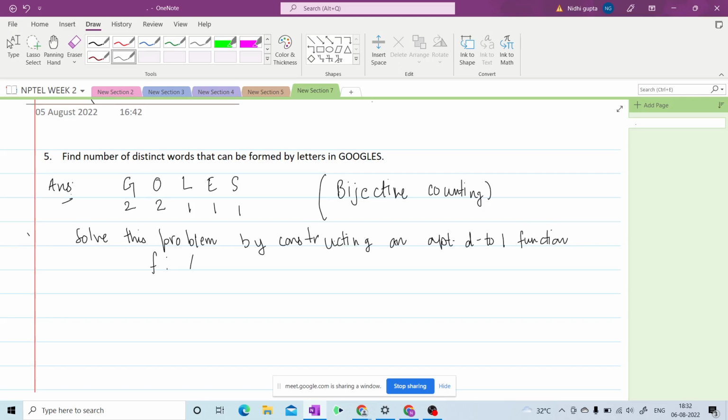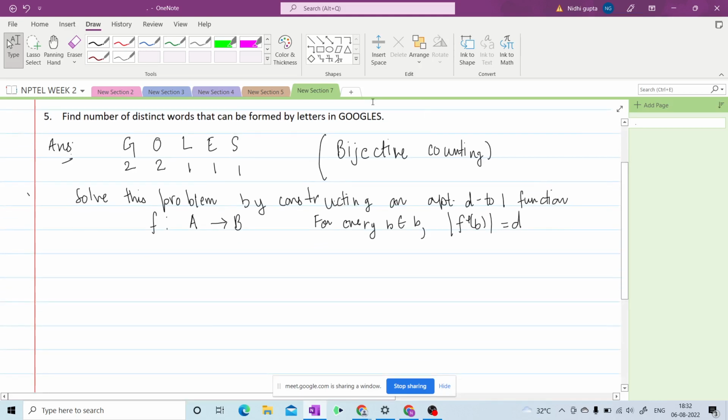If you have a function f from A to B, a d-to-1 function means for every b in B, the size of f inverse of b is equal to d. So basically d points in A go to a single point in B, then we say that f is a d-to-1 function. We want to solve this problem using a d-to-1 function.